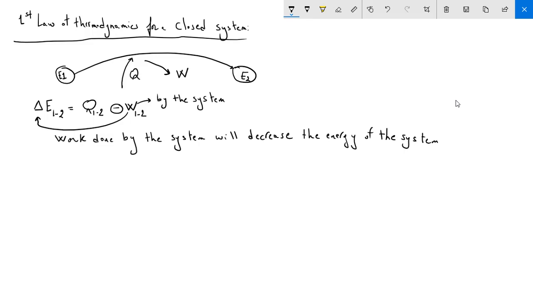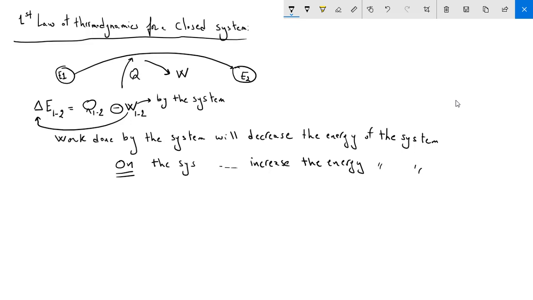However, the work done on the system will increase the energy of the system. And since the work done on the system is negative, we'll have a minus sign and overall a plus sign.